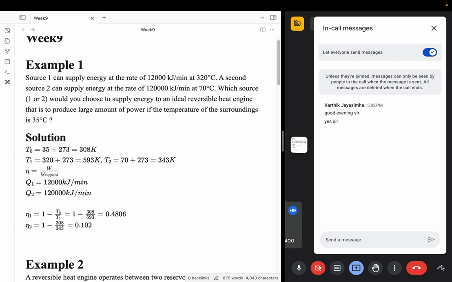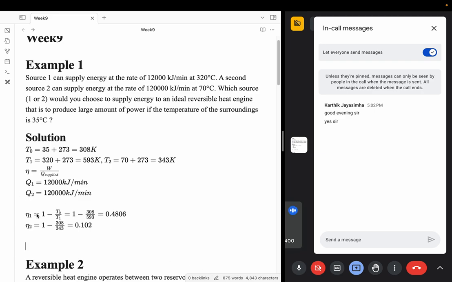So if not, you can, yeah. Okay. Yes, this is a Carnot efficiency.